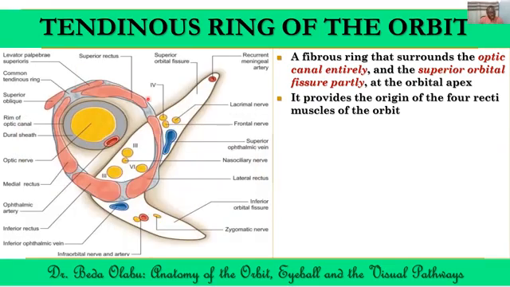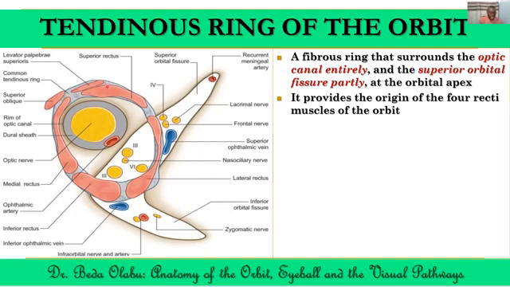This image also captures for you that anatomy. So we'll expect the superior rectus, the medial rectus here, the inferior rectus, and the lateral rectus to originate within the ring. But from this image, you can also appreciate that even the other extraocular muscles may partly also be attached to the tendinous ring.